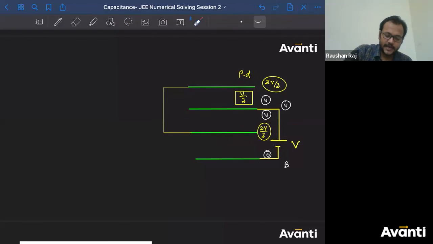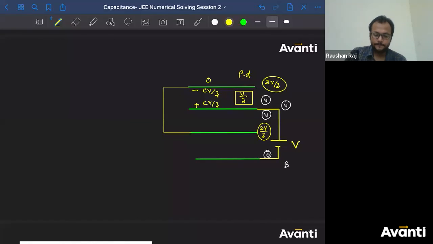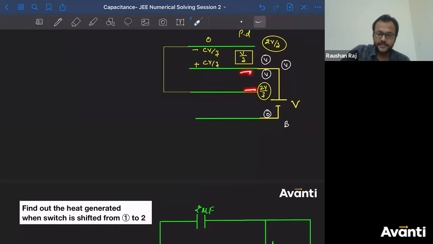Now, which is having higher potential? This is having higher potential. So this will be positive. This will be negative. Kitna? CV by 3, CV by 3. This is 0. Now, what is the potential difference here? So V, 2V by 3. Again, V by 3. Which is having higher potential? This one is having higher potential. So this is minus.